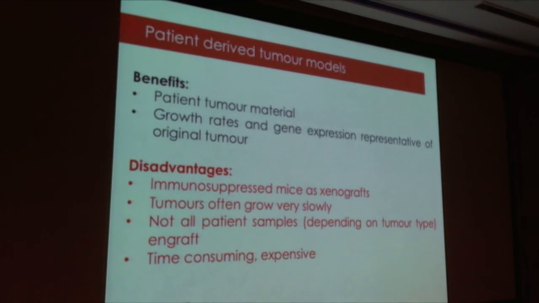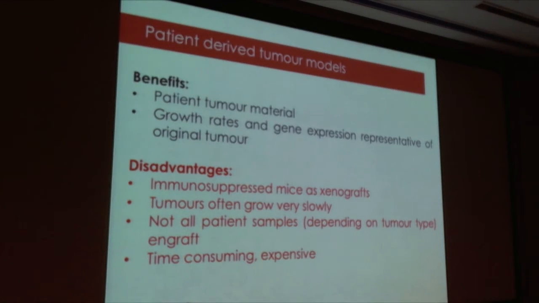The tumours often grow very slowly. We're all very used to tissue culture, where cells proliferate because they've been going for years and years and years, and in 24 or 36 hours the cells have doubled. Well, normally in a human body, cells don't multiply that fast. So when you put them into these models, they grow much more slowly, and it can take months and months.